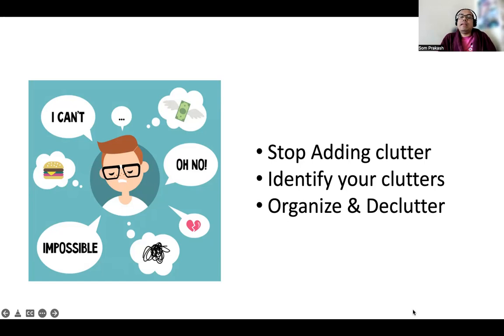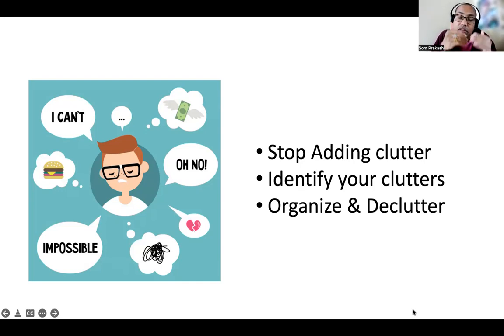And then the last thing is, once you identify, you organize and start to declutter. In layman's terms, you are identifying what exactly and where exactly needs to be cleaned, and you are stopping the surface from being trashed over again.